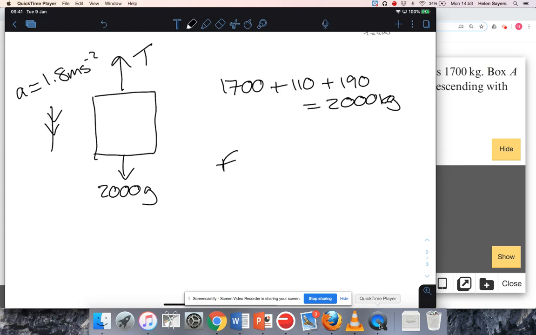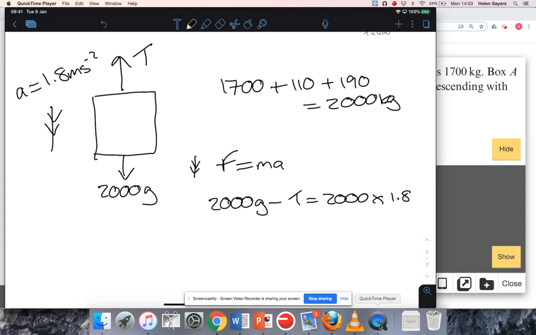So if I use F equals ma, and I'm taking down as positive, the total force down is 2,000 g minus the tension in the cable, which is the total mass times the acceleration of 1.8.